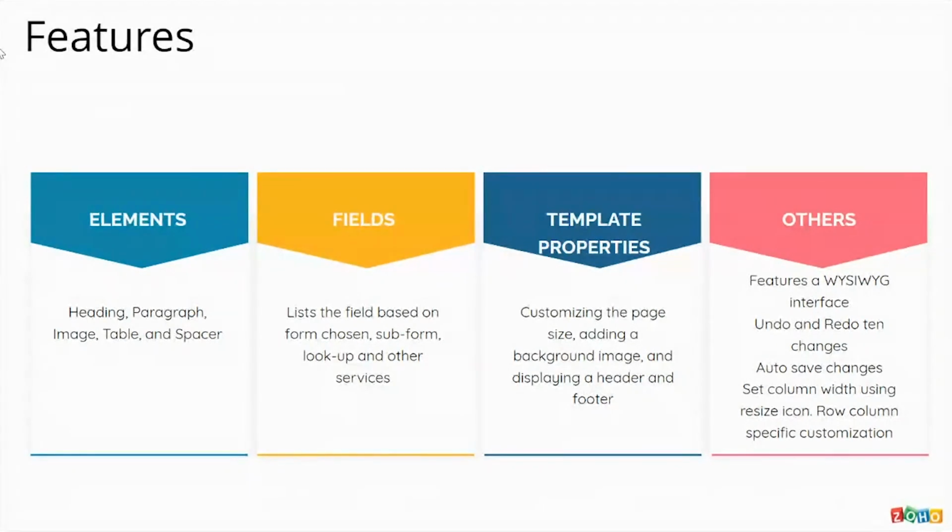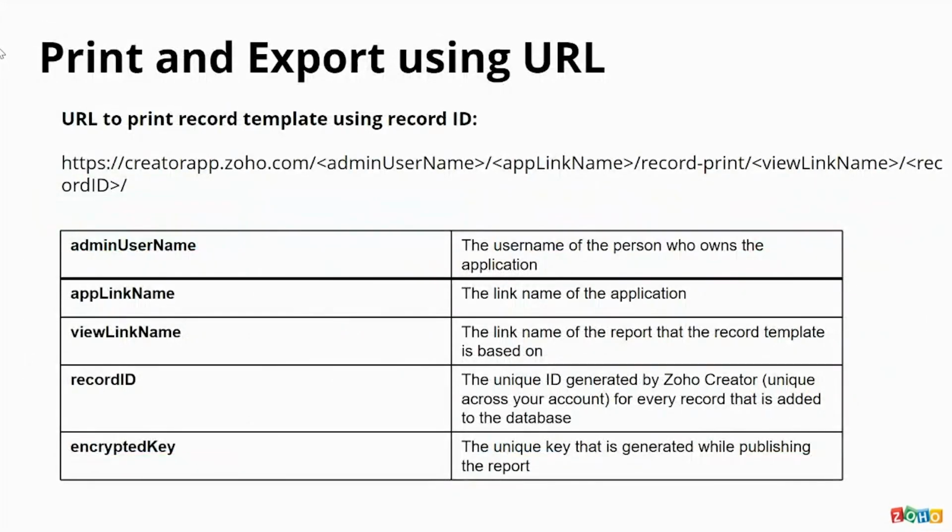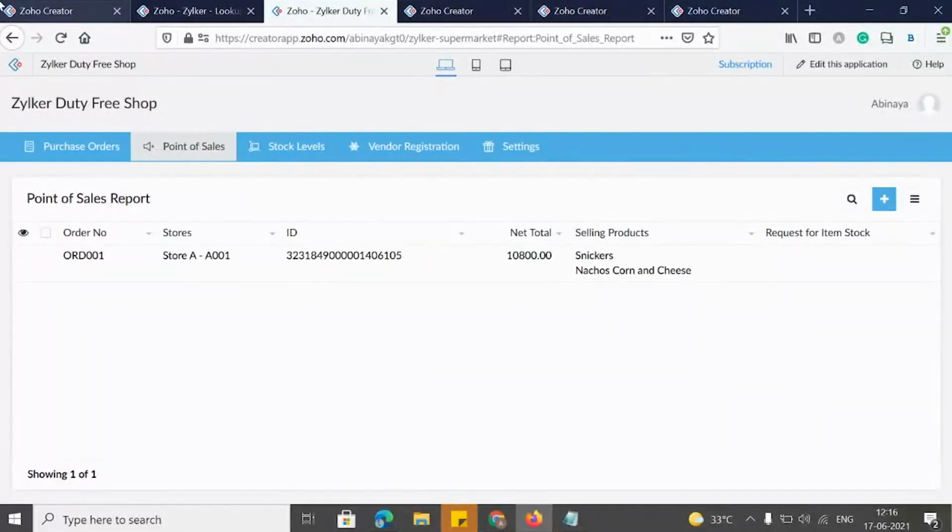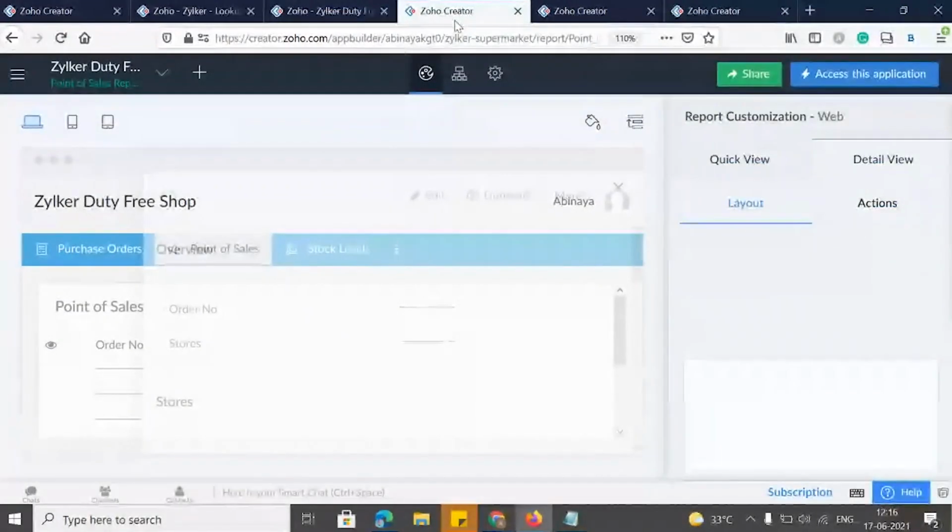And you also have what you see is what you get interface. You can resize the width of each column or an element. These are the features available within the record template. And so let me get into the application and I'll show you how this record template can be used effectively across the application.